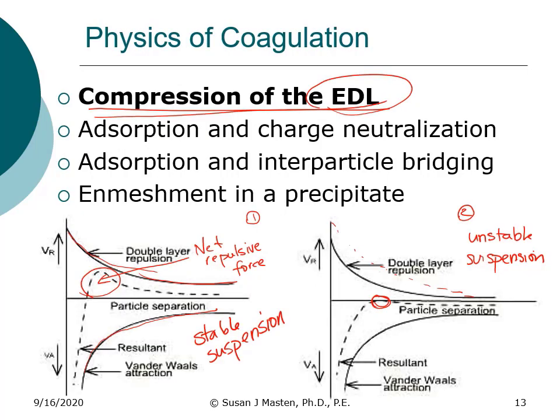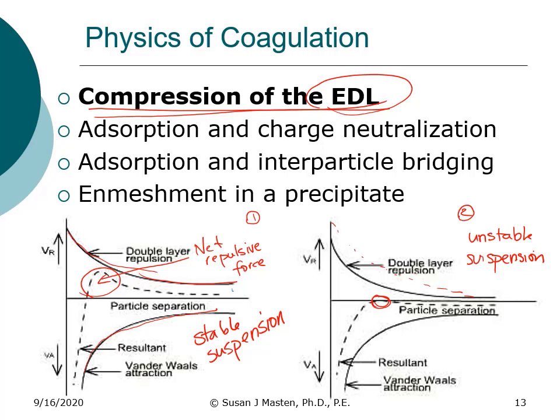We can show that again here, and we talk about the compression of the electric double layer, and this is just another schematic essentially showing the same thing. So what do we have here? Again, as shown this morning, we have a double layer repulsive force, we have the attractive force, and again you can see the net repulsive force, and we have a stable suspension.